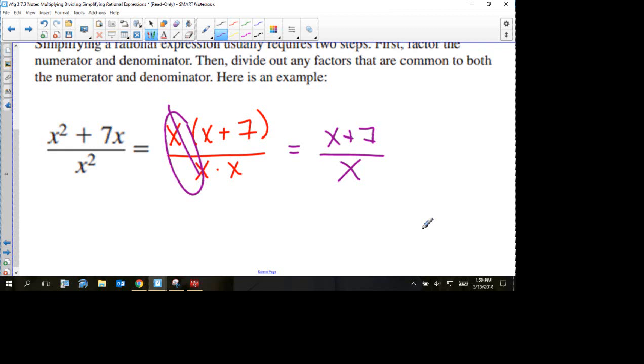I did not factor it out. So x plus 7 is not factorable. So you cannot cancel x plus 7 with an x. Well, actually it is factorable. You can factor out a 1. But you can cancel out a 1 all day long. You can't cancel the x plus 7 or the x's.